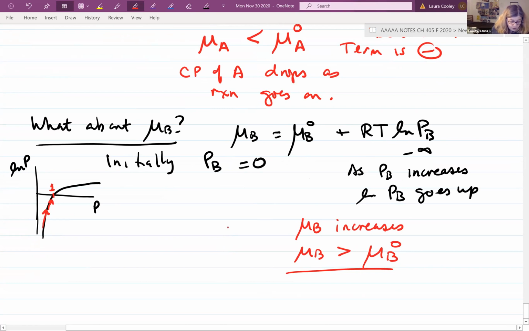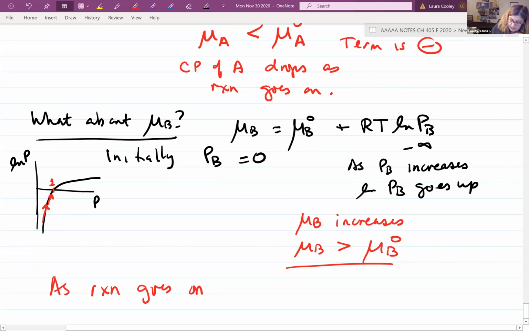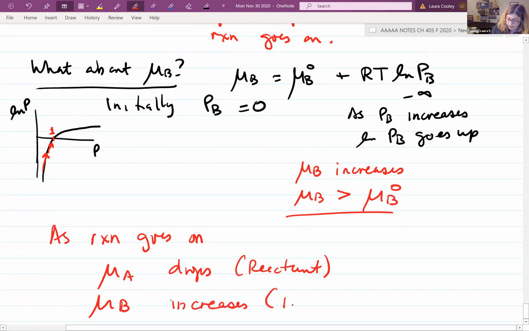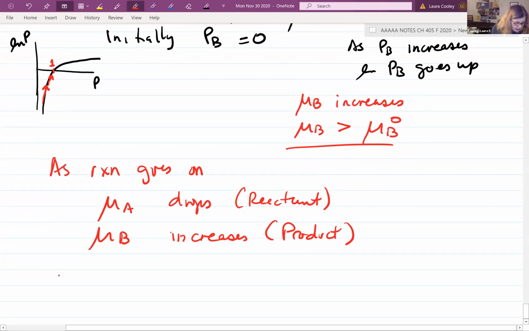So as the reaction goes on, the chemical potential of A drops. That's the reactant. The chemical potential of B increases. That's the product. And what happens eventually? So where is equilibrium?